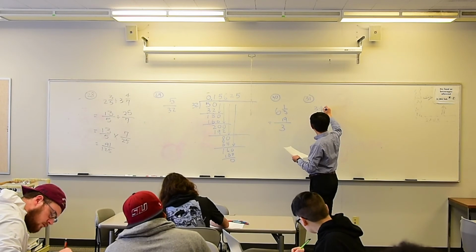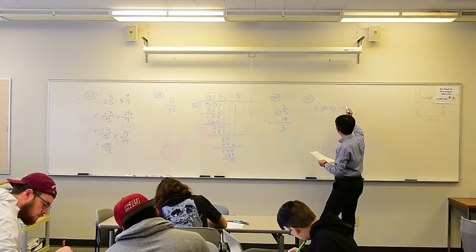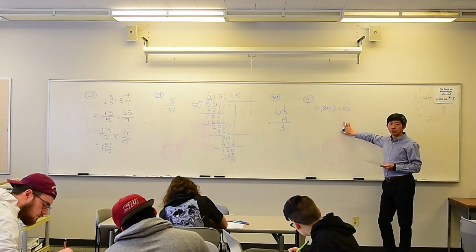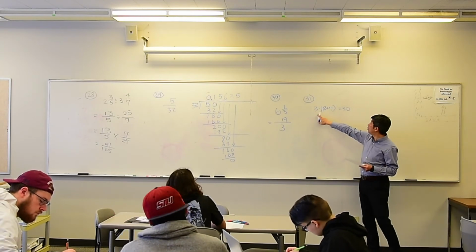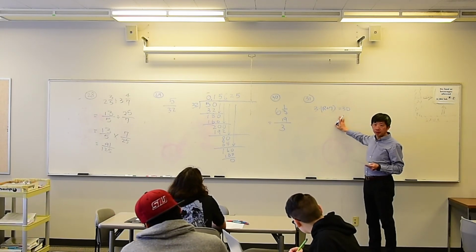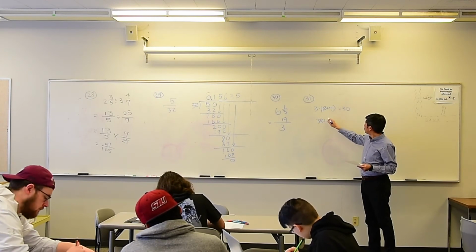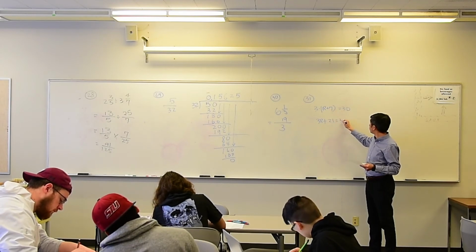31. 3 times r plus 7 equals 30, right? This is pretty much the problem we can do for solve for x. Or you can do distributive property. You take 3 times r plus 3 times 7, 21, which is equal to 30.